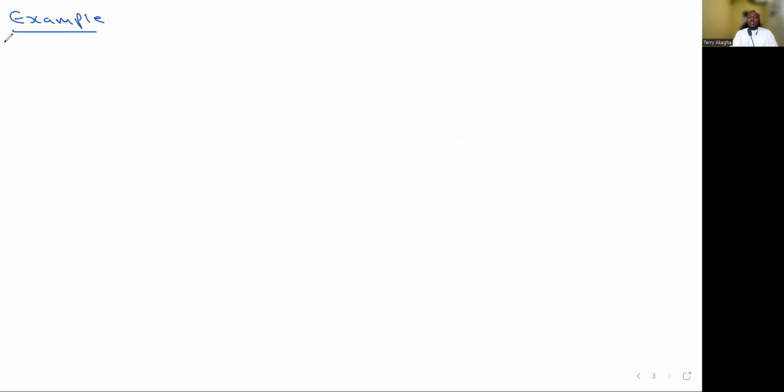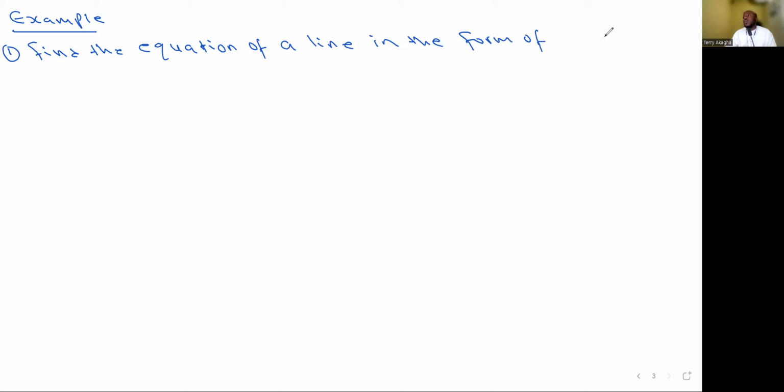So let's say we have this question. Number 1, it said find the equation of a line in the form of ax plus by plus c equal to 0 with points (7, 2) and (1, -3).